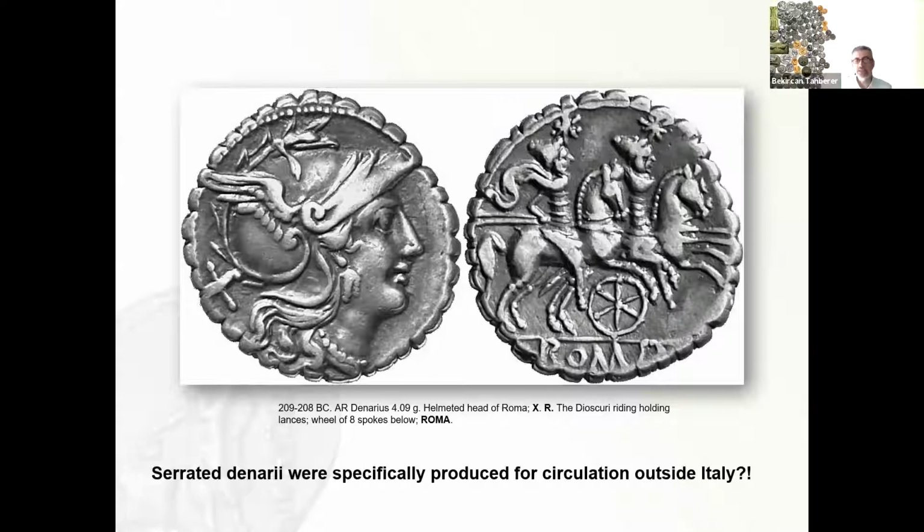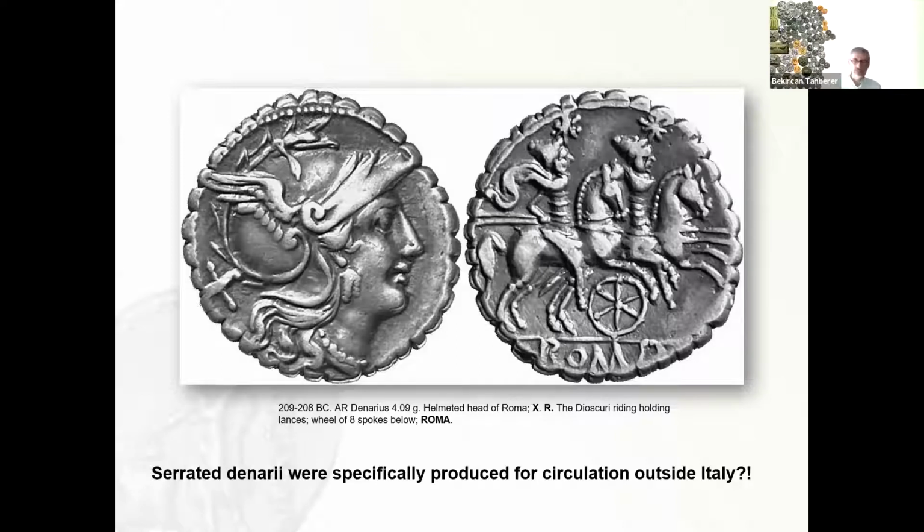And this tells us something. During the turmoil, there were many forgeries, and the Roman coins would not be accepted in foreign lands. They had to do something to prove that their coins, their currency was intact, and they created these serrated edge coins.